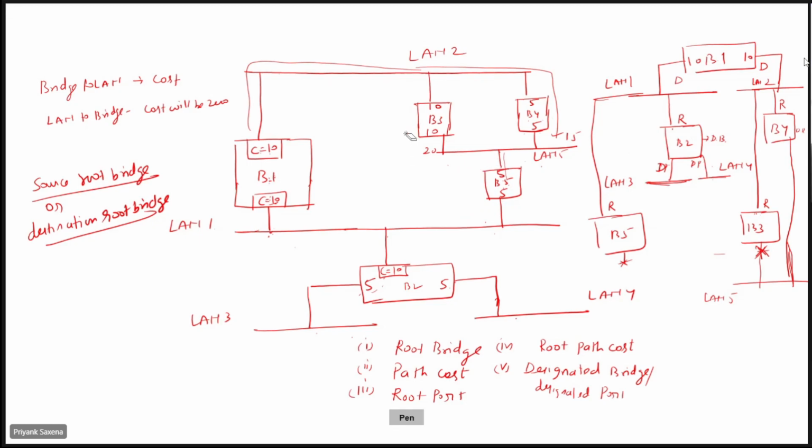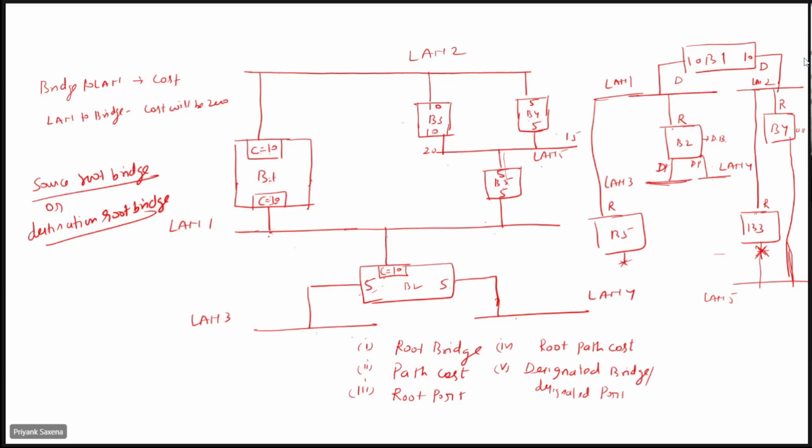Sir, if in some case the cost is the same, but the number of bridges we are passing is more, should we choose the path with the minimum number of bridges? No, no, it will be mentioned to you. In that case, if you have to select a path with the minimum number of bridges, then the cost will not be associated there. Either you will be using the minimum number of hops or the minimum cost.